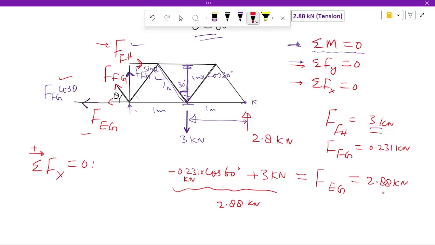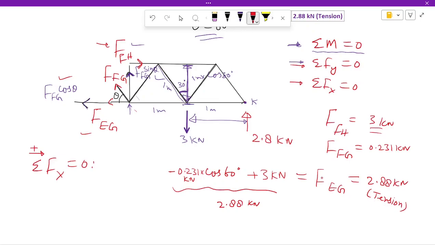Now 2.88 kilonewton, is it positive or negative value? It is positive. Positive means our assumption was right, that the force is in tension, right? Because we assume all the forces are in tension, so we get a positive value, it means our assumption was right. This is a tensile force.